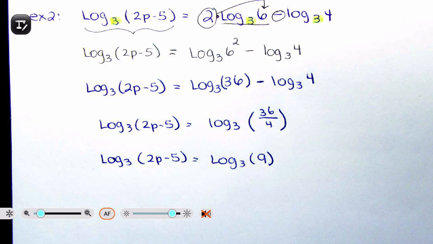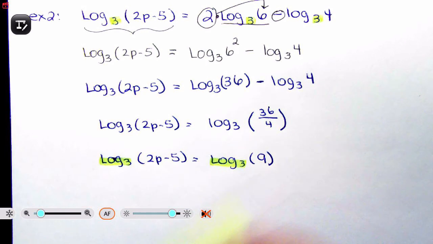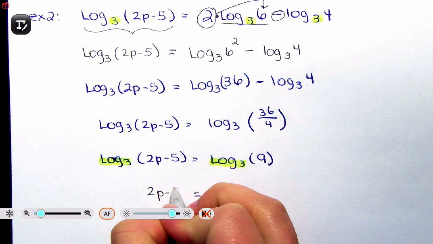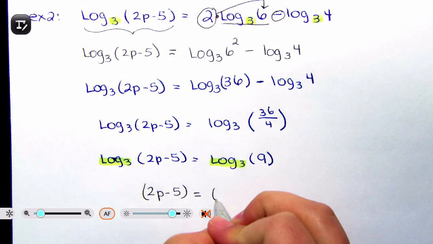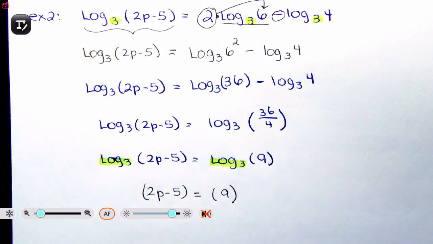Now here, after you've done all of this condensing, then you can start to see what's happening. You have a log base 3 and a log base 3 on both sides. Nothing else is there. That means that you can use the one-to-one property and say 2p minus 5 is equal to 9. Now, I am not canceling these out. It's not like I'm dividing by log base 3.